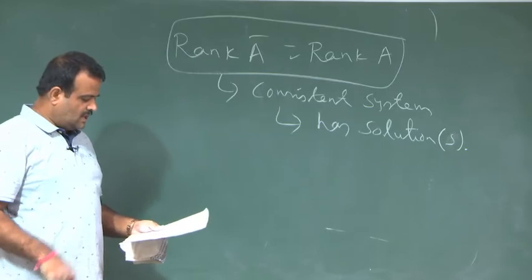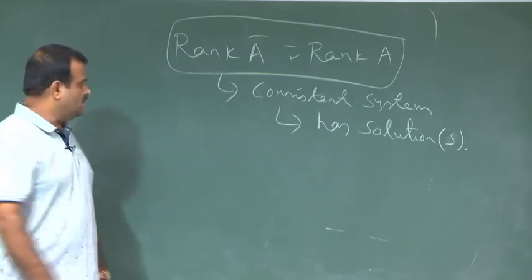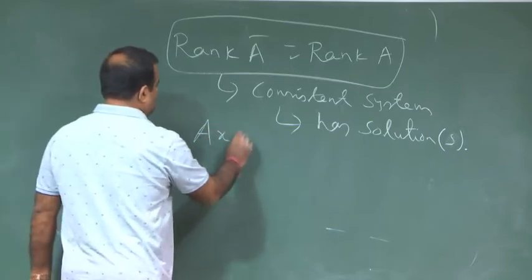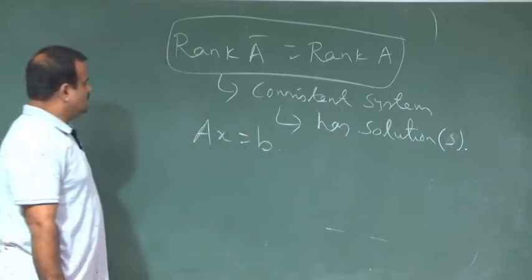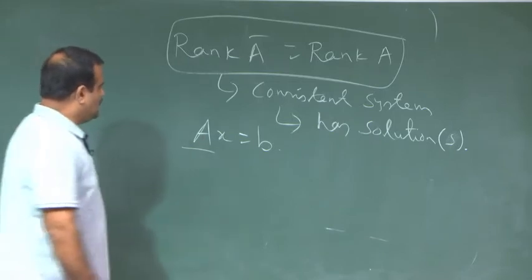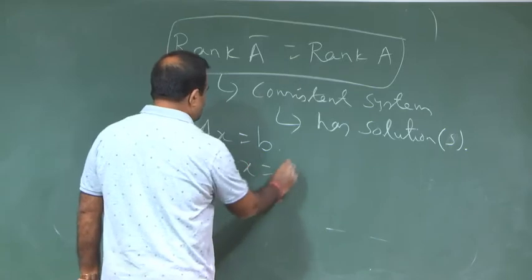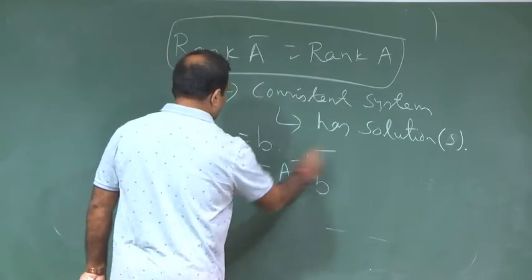Okay. Now, when will it have a unique solution? If you have a system Ax = b, it has a unique solution if A is non-singular, and that solution is nothing but A inverse b.